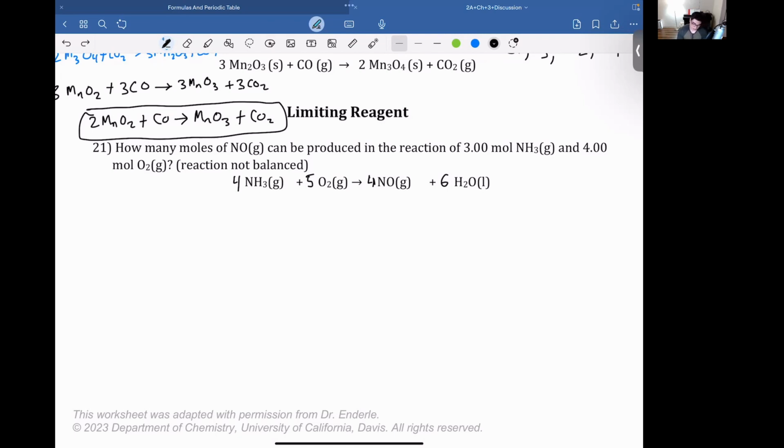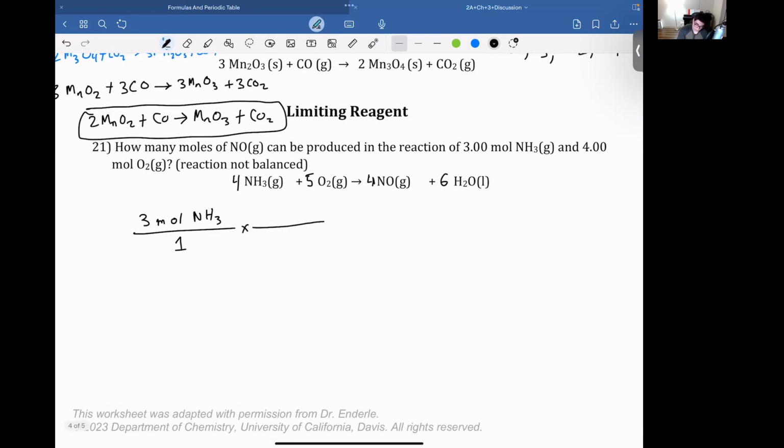So if I have 3 moles of NH3, right? I have 3 moles of NH3. It takes me 4 moles of NH3 to do this reaction 1 mole time, to get 1 mole of recipe or reaction, right? 4 atoms for 1 reaction.